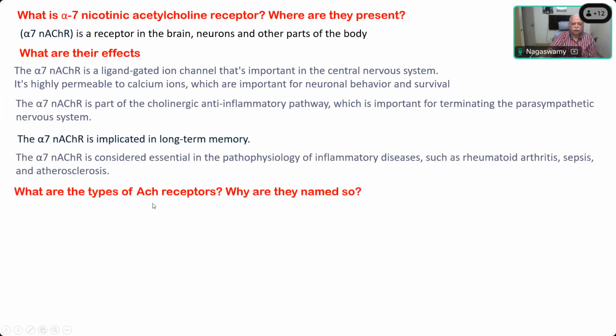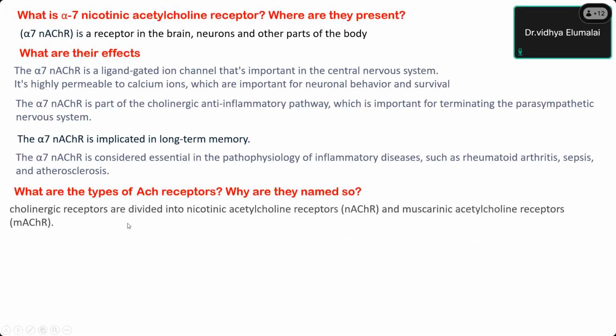What are the types of acetylcholine receptors? Why are they named so? Nicotinic and muscarinic, very good. Why are they named nicotinic and muscarinic? The cholinergic receptors are divided into nicotinic acetylcholine receptors and muscarinic acetylcholine receptors.